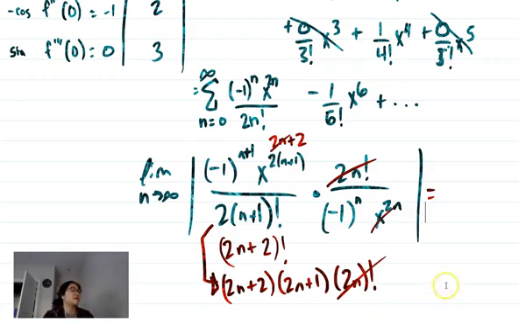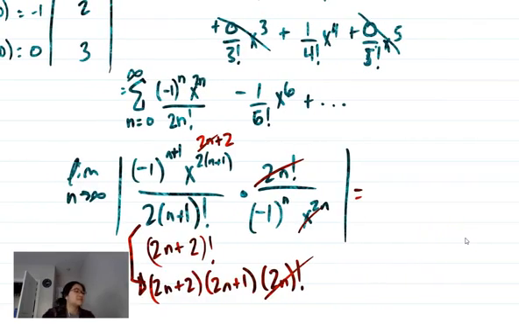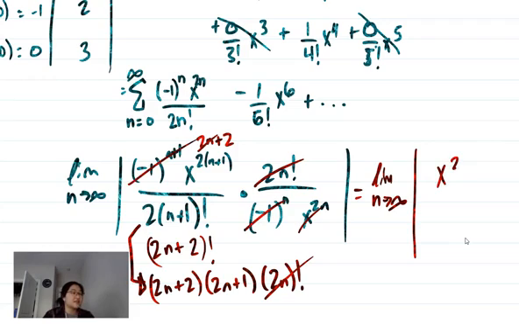I should probably write these down. And this is all algebra, right? This is very annoying algebra, but it's algebra nonetheless. And then our signs will just go away because of our absolute value. We have x squared in the numerator, and 2n plus 2 times 2n plus 1 in the denominator.